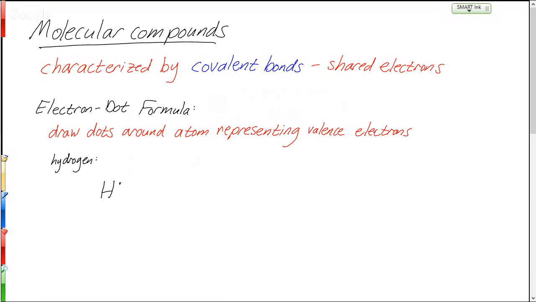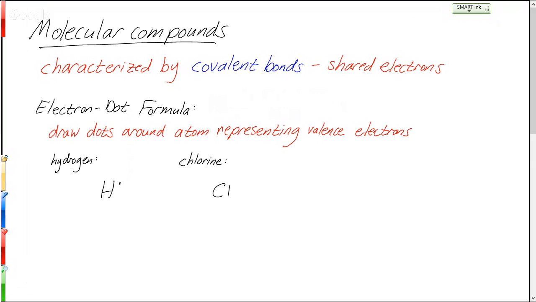Let's try another one. Let's try Cl. Chlorine is Cl. How many valence electrons does chlorine have? 7. Yeah, it's in column 7A, so 7 valence electrons.